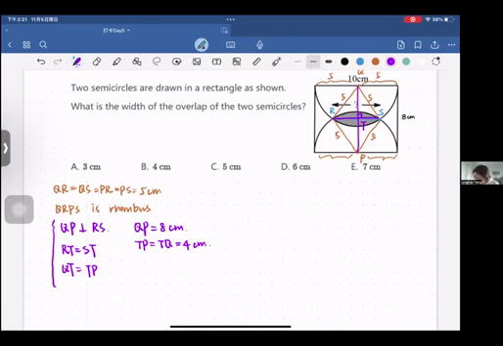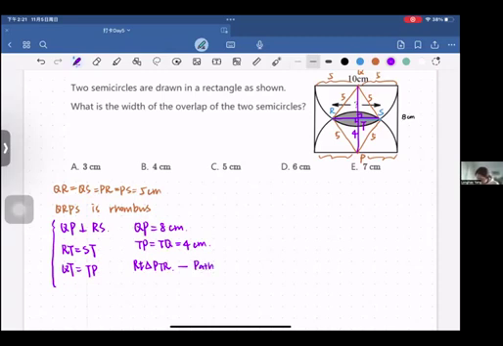And then what can we see? We already know TP equals 4 and RP equals 5, and we also know this is a right angle. Then the right triangle PTR follows what theorem? You tell me. It follows the Pythagorean theorem, right?